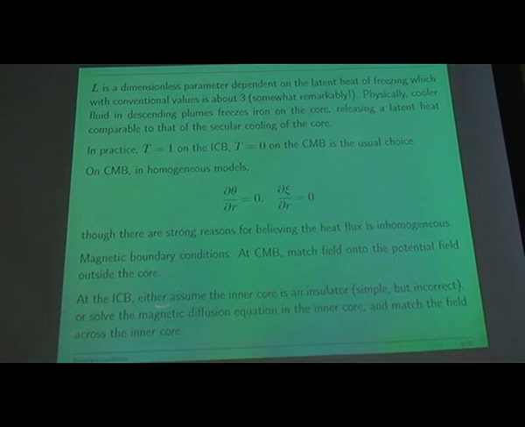The simplest is to assume you've got another insulating layer there, which is, as I said, simple but incorrect, because the actual conductivity of the inner core is comparable to that of the outer core. So what you should really be doing is matching the field across the inner core and solving the magnetic diffusion equation in the inner core.